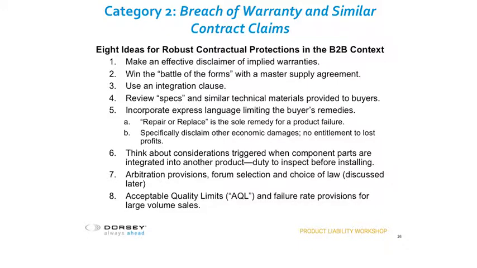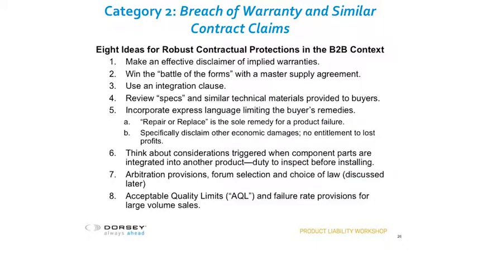You can address this through a master supply agreement that says the terms are within the four corners of this document, and that no matter what documentation is exchanged, nothing else is part of the contract other than what's in these documents and, for example, the specs that are attached. These are the only warranties that are provided. In that vein, it's also very helpful to have an integration clause. An integration clause basically says, this is the entire agreement.